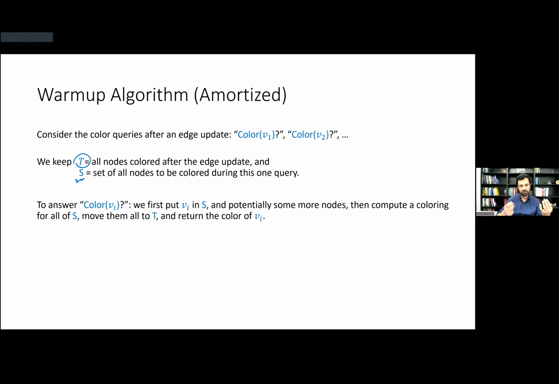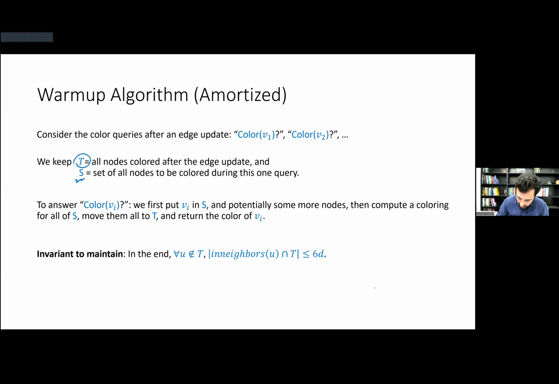So in some sense, whenever we receive a query, if that vertex is not already colored, we might color also a collection of some other vertices to answer this one query. And the reason for coloring a few more vertices is to be able to maintain this particular invariant. What's the invariant?